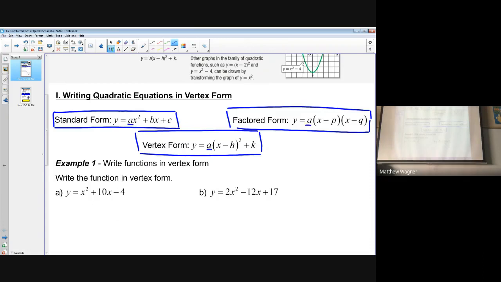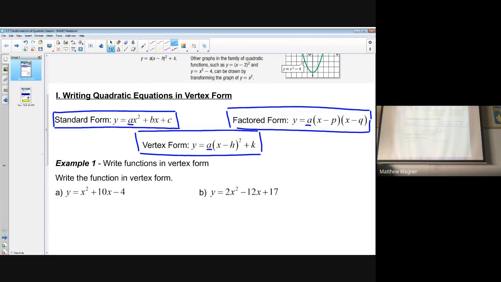I will tell you that across all three forms, those a values are the exact same, okay? So if you have an equation in standard form, if you put it in factored form, your a values will correspond. If you took your equation from standard form and put it in vertex form, your a values would be the exact same, okay?